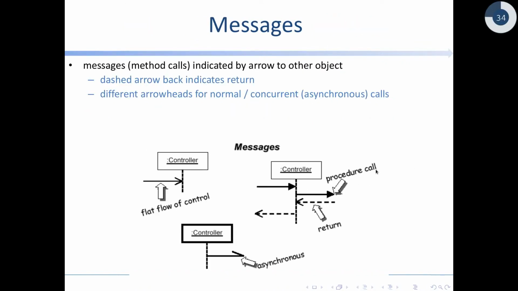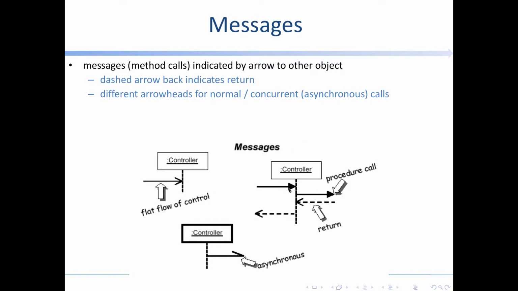Next slide. Those messages can be drawn with different types of lines basically. This dash line is like flow of control. It's not calling a real function, it's just passing control to this function. But in here it's more about calling functions.